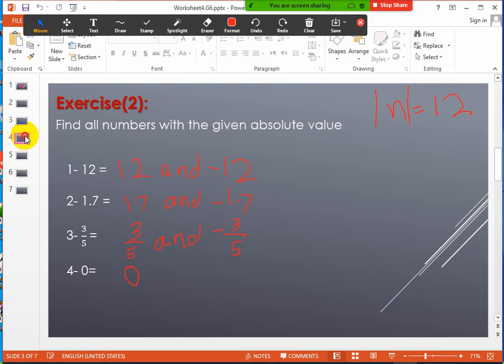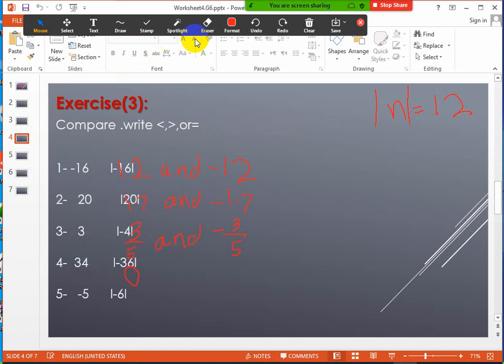Okay, let's move to the next exercise. Now I want to compare between numbers, and there are numbers with absolute value. Yes, Farah. Compare between negative 16 and the absolute value for negative 16.